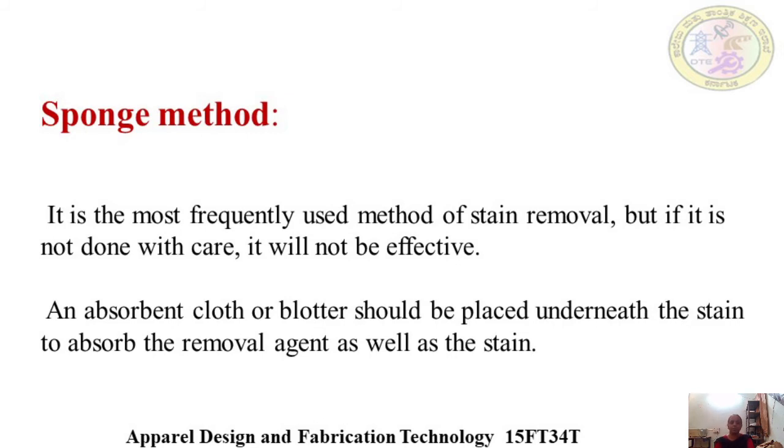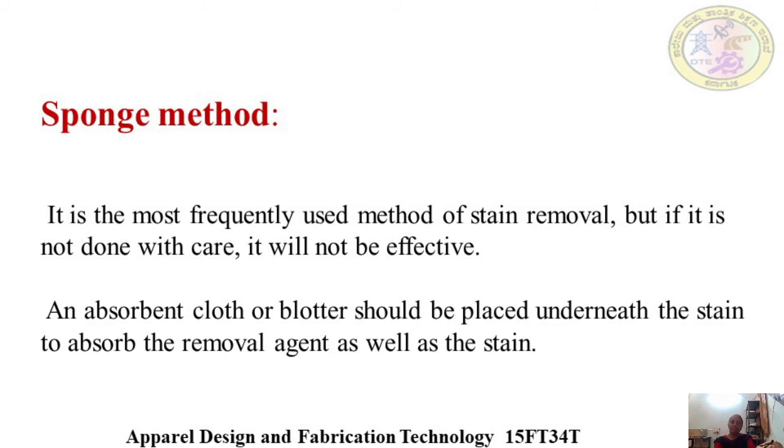So how many types of methods are there? First one is the dip method, second one is the steam method, next the drop method, and the sponge method. Depending on the stained area and the kinds of stain removers we are using, you can use the different methods.